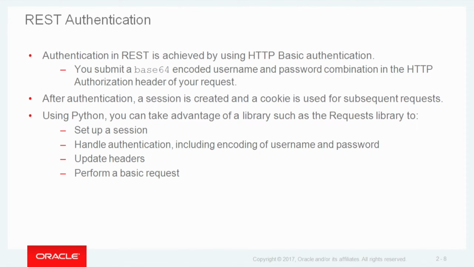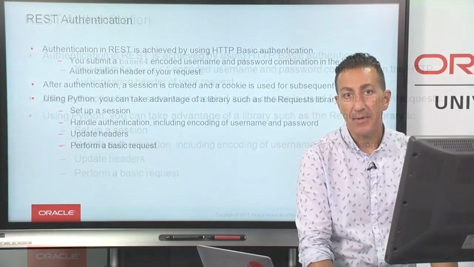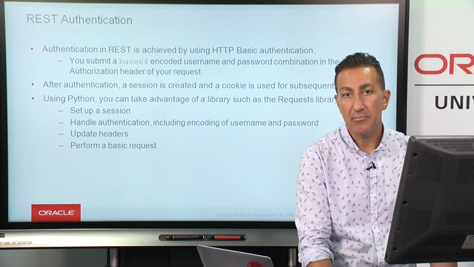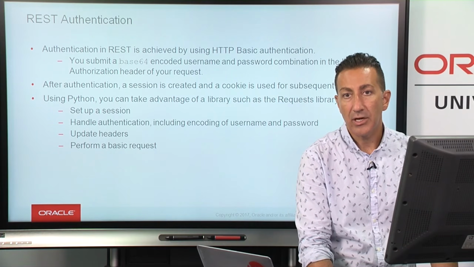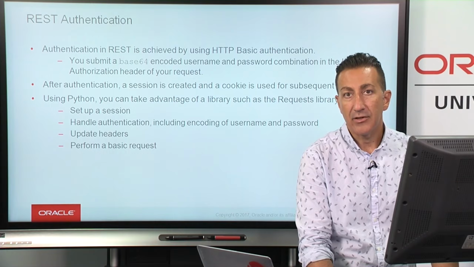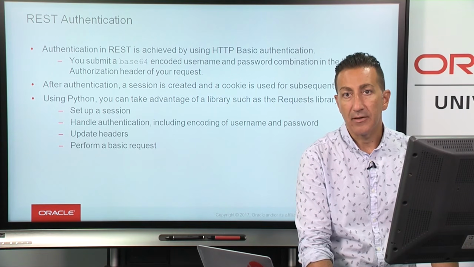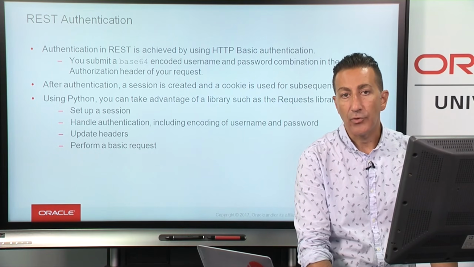So for authentication, remember that it is achieved by using HTTP basic authentication. So you need to submit the username and password using this Base64 encoded format, and you need to provide this combination of username and password in the HTTP Authorization header of your request.